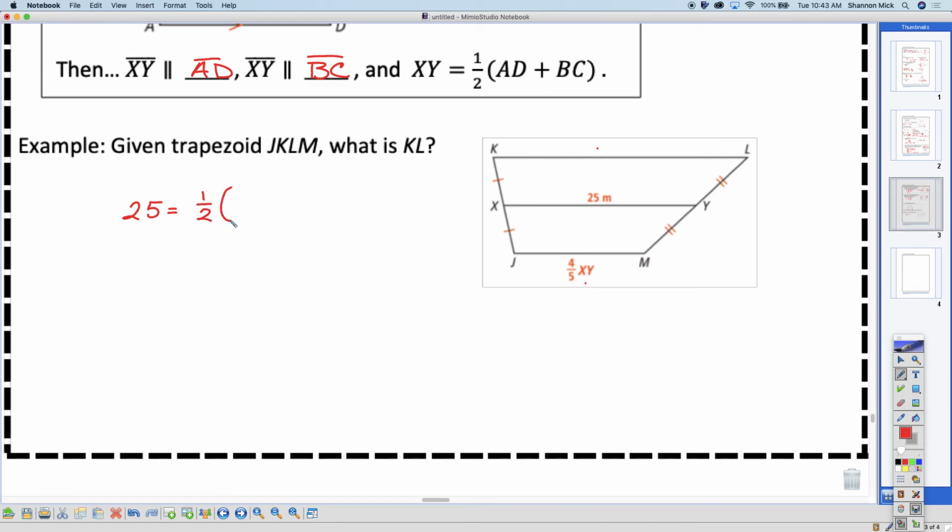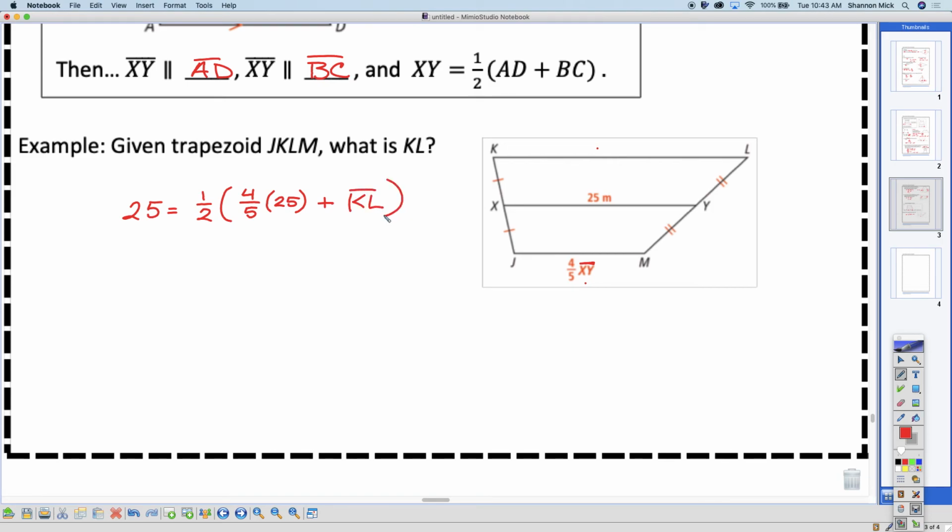What's the bottom? 4/5 XY. And what's XY? 25. Plus, we don't know KL, do we? So KL, because that's what it's asking me to find.